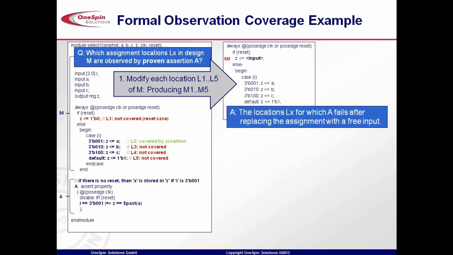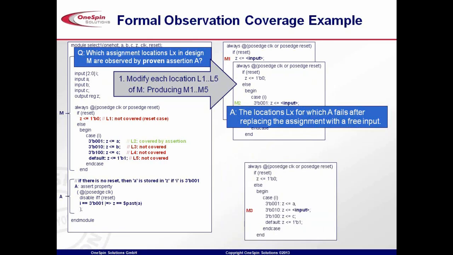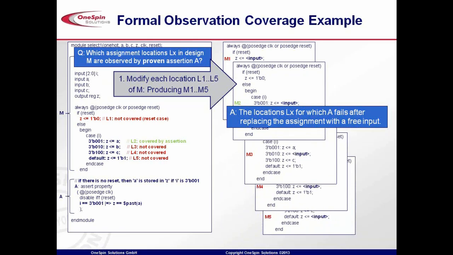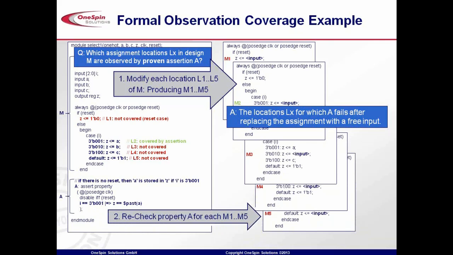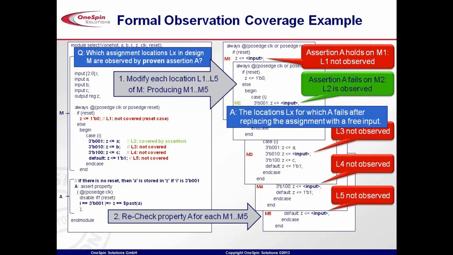We get some input for the reset statement, and then for M2, M3, M4, and M5. So we generate these 5, and then we run the assertion on them, and the assertion fails, which in our case is good. We will say that we have observed that piece of code.